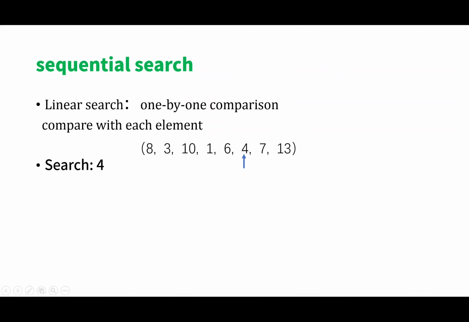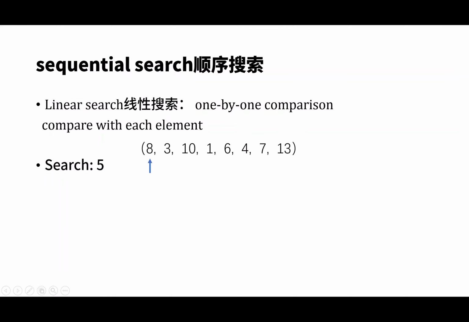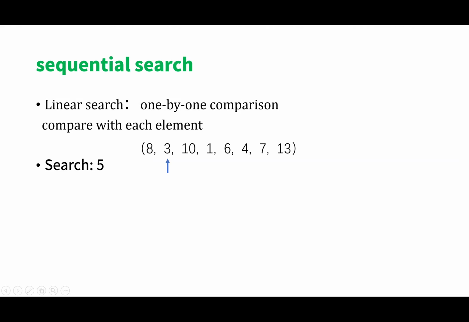Then we find the 6th element is equal to the search element. If we search the number 5, we also go from the first, second, 3, 4 to the end. We didn't find the number 5 in the sequence, so the search is failed.